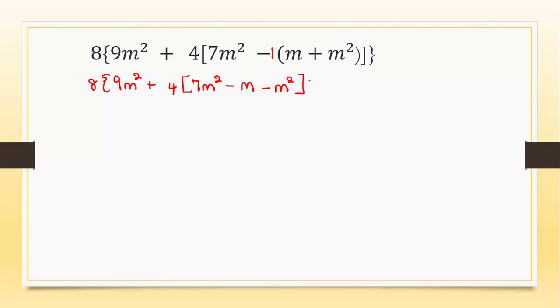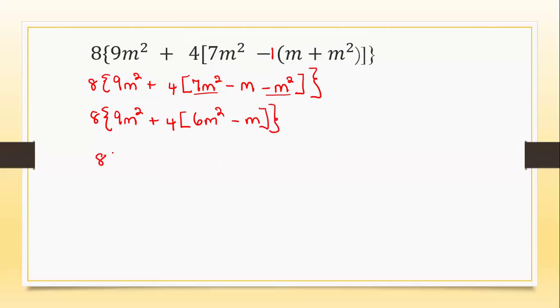Bringing down the 8, the 9m squared, plus 4. We're going to simplify inside. We have like terms, 7m squared, subtracting 1m squared, giving us 6m squared minus m.